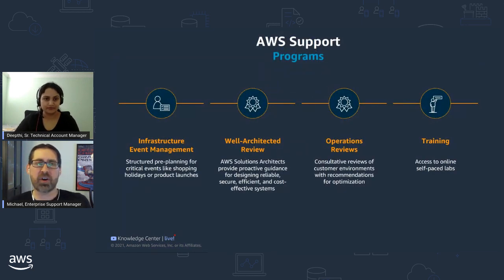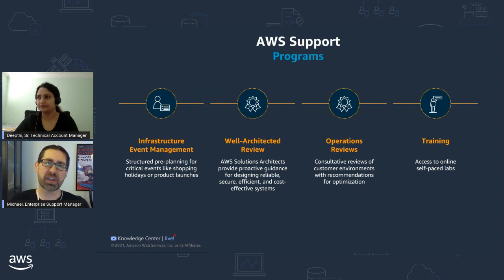So now I'm going to talk about some different programs within AWS Support, some for customers on enterprise support and some things that are available to all. So going to talk about infrastructure event management, or IEM, the well-architected review, the operations review, and some training.